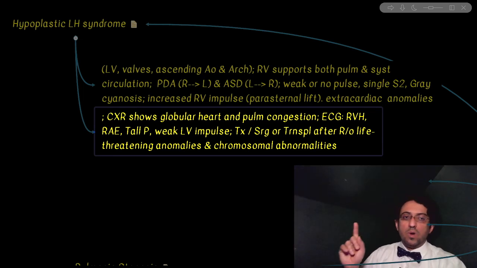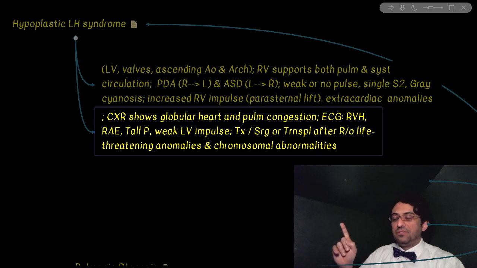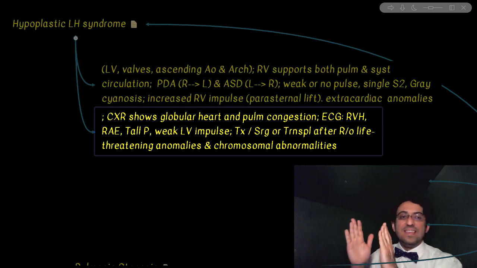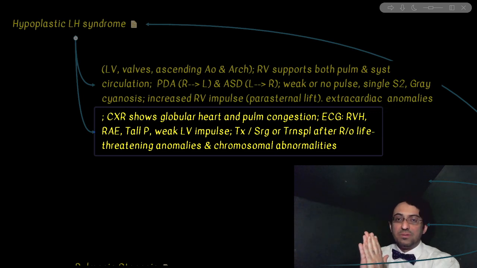Once more, what shunt is required for survival? In hypoplastic left heart syndrome, even though we may have PDA, what determines the possibility of survival is a form of interatrial shunt, specifically atrial septal defect. Otherwise, oxygenated blood has no way to reach any circulation.